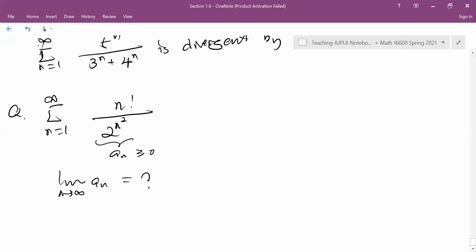It's not obvious. The reason is, n factorial over 2 to the n goes to infinity, but that does not mean n factorial over 2 to the n squared goes to infinity, because the denominator grows much faster than the numerator.